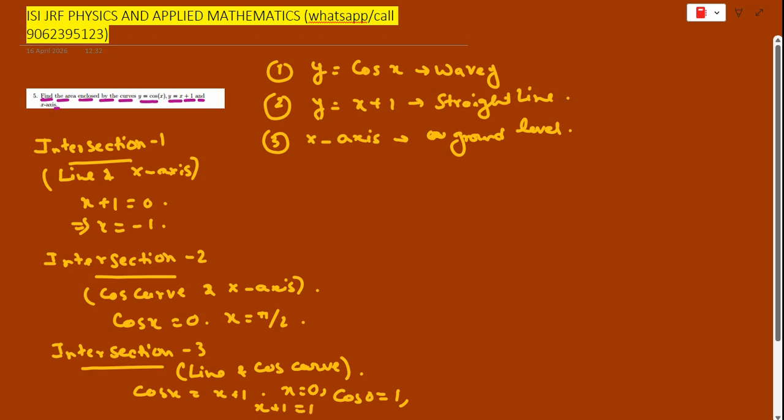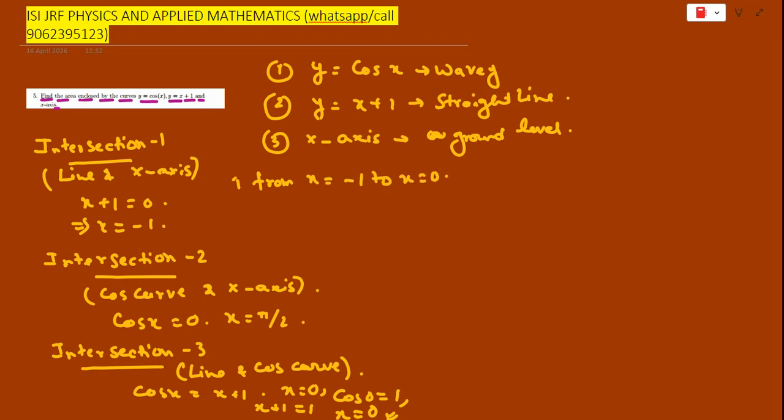So intersection at x equal to 0. Now the region is split into two parts: from x equal to minus 1 to x equal to 0, and from x equal to 0 to x equal to pi by 2.